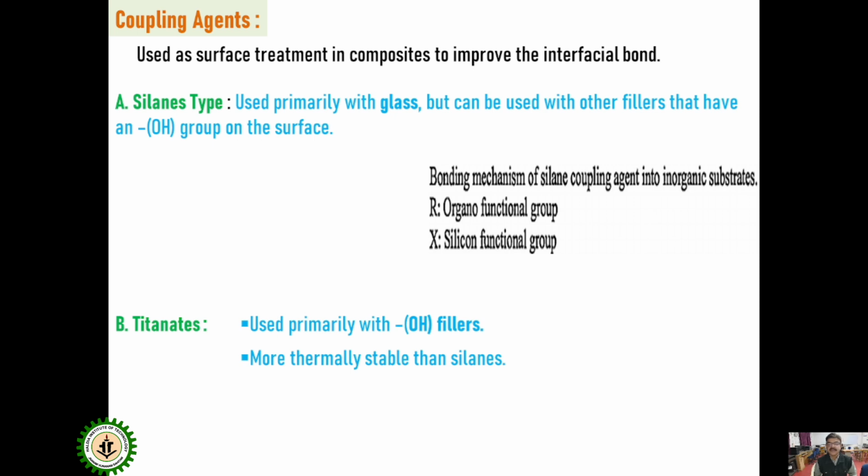Silane type is used primarily with glass, but can be used with other fillers that have an OH group on the surface. Another one is titanates, which are used primarily with OH fillers and are more thermally stable than silane.